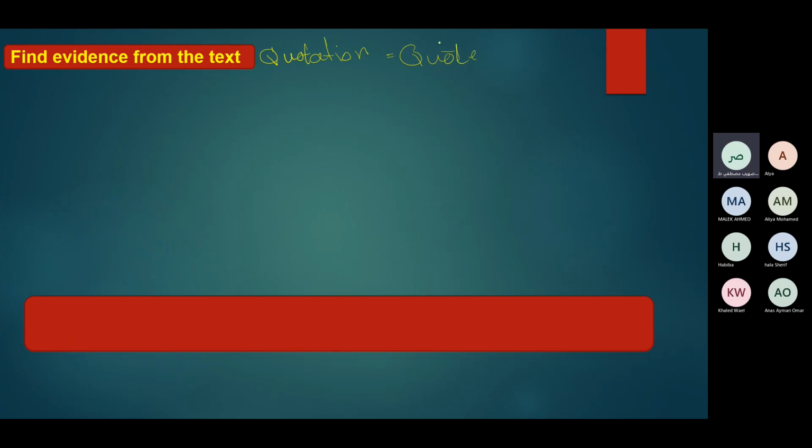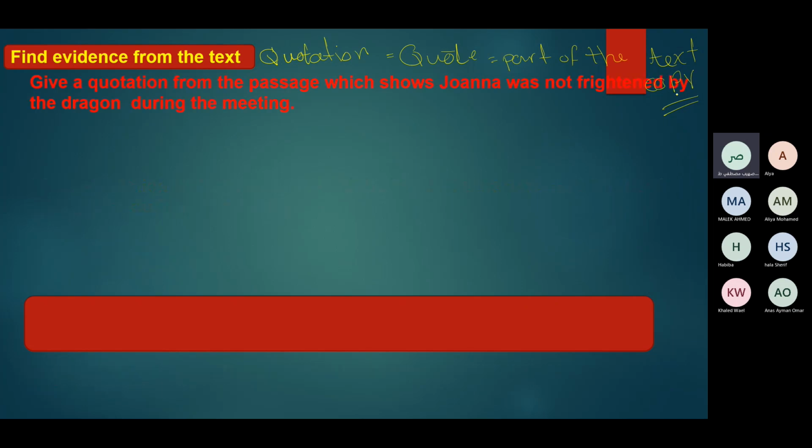Quotation or quote means you use part of the text as an answer. So all you will do is copy the answer from the text. But the quotation you use must be relevant to the answer.